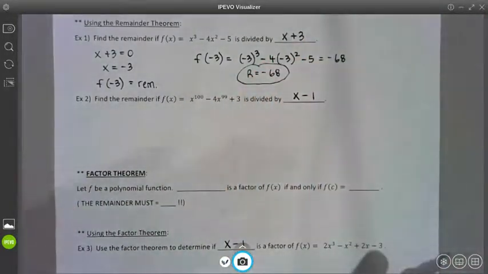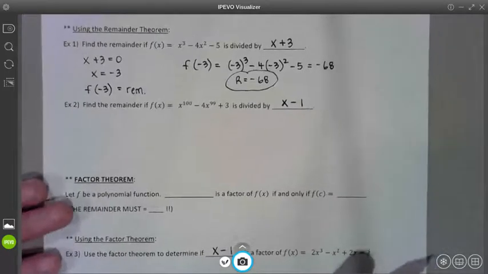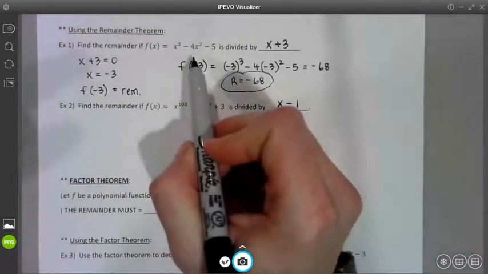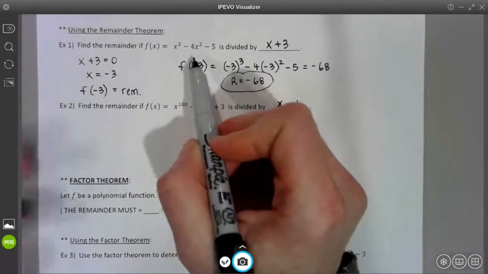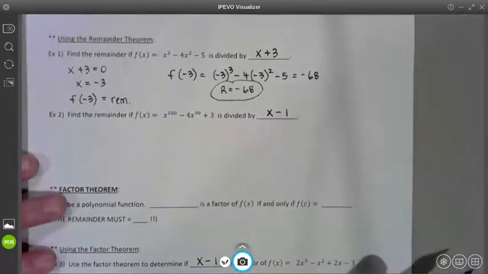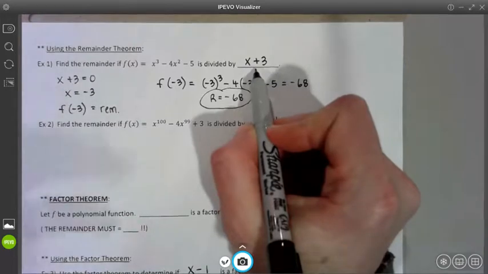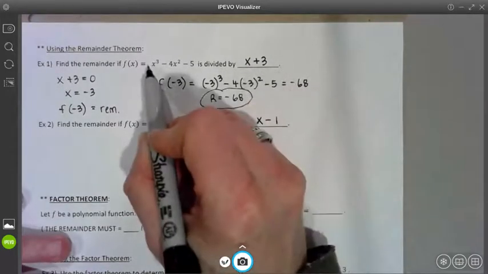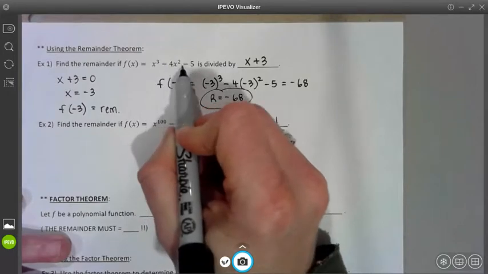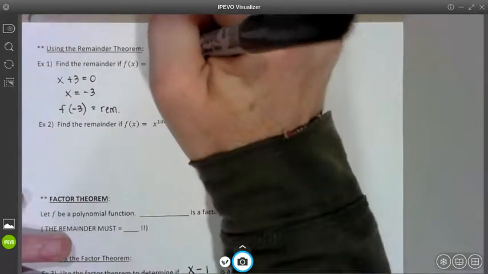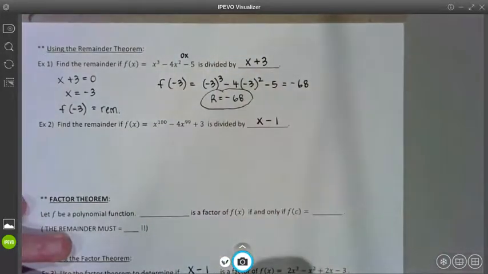Now, guys, let me show you this in case you remember this. You could have found the remainder by doing long division or synthetic division. So do you guys remember synthetic division? It was the shortcut to long division when you were dividing by a factor of something like x plus 3. So you would take all the coefficients, 1, negative 4, we're missing an x term, so we would say there are 0 x's, and then minus 5.